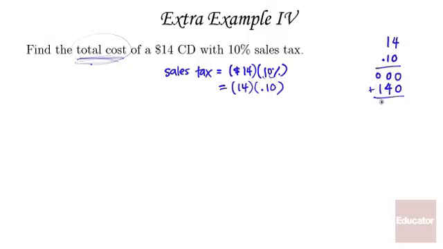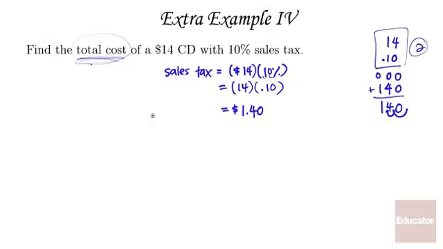So 0 plus 1 is 1, 0 plus 4 is 4, 0 plus 0 is 0. 140. How many numbers do I have behind decimal points? I have 2. So from here, I'm going to go 1, 2. So it's going to be 1.40, and that's money.